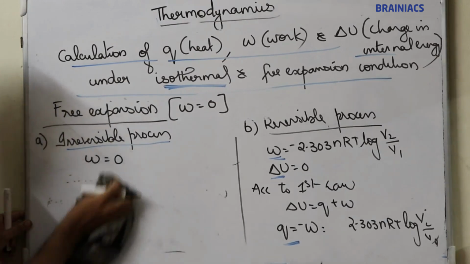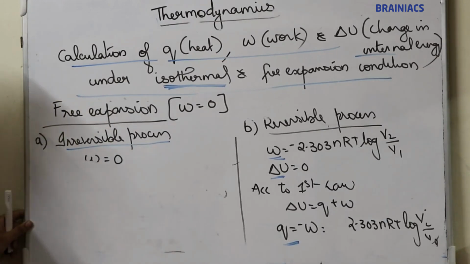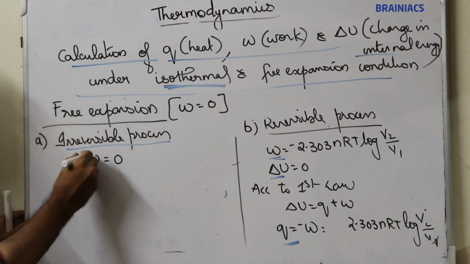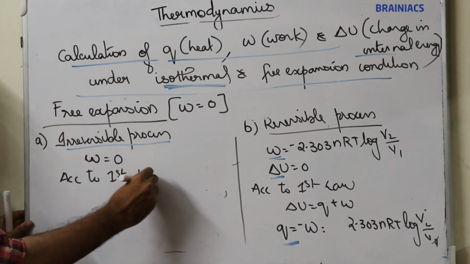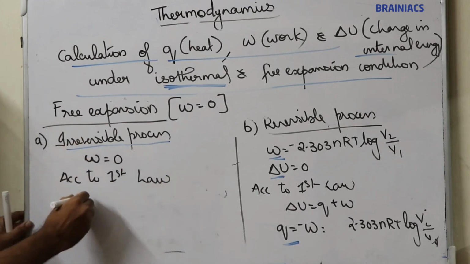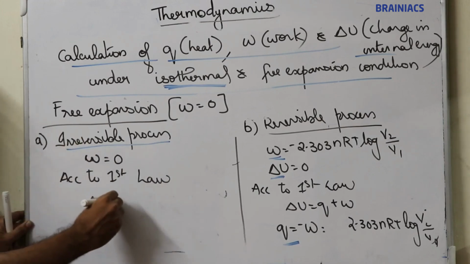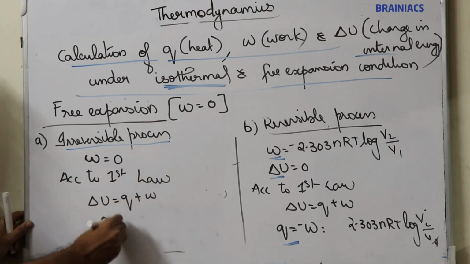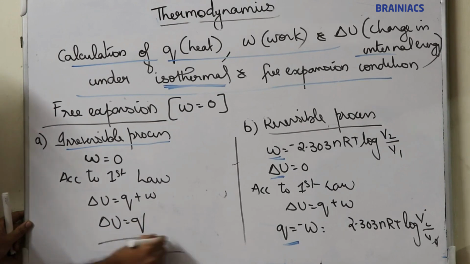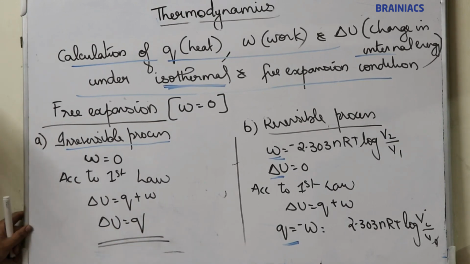So according to first law, we can write delta U is equal to Q plus W. Since W is equal to 0, we will write delta U is equal to Q. Right?